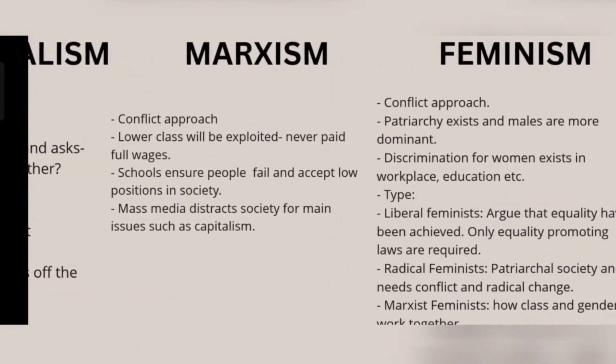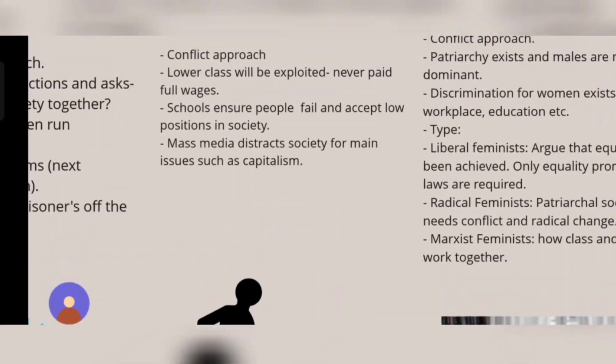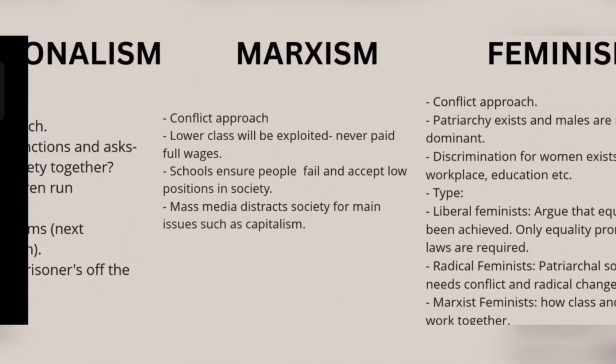It's a conflict approach in which there is severe inequality in the society in terms of unequal distribution of wealth and unequal distribution of power. So what's happening in the Marxist approach is that the lower class are exploited.